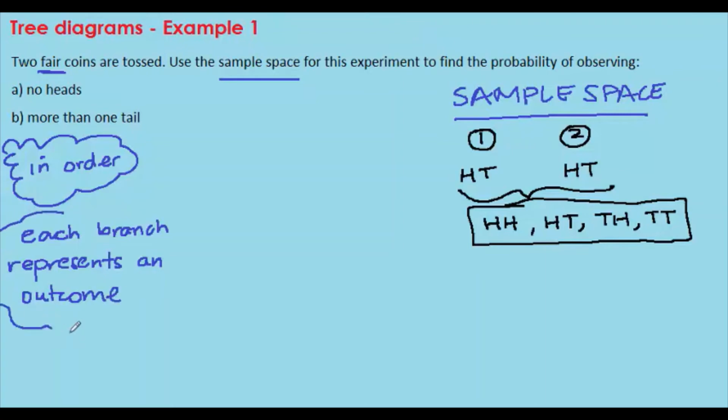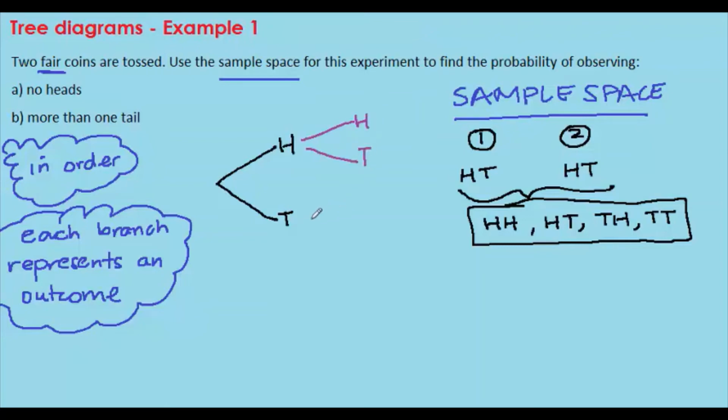So if I'm going to construct this tree diagram, and I'll do it in the middle, I start off with my first toss of the coin, and I can have heads or tails. Then I toss my second coin. Let's do that in a different color. And I get a head or a tail, or a head or a tail. And that's how the tree diagram is going to look for tossing the coin.